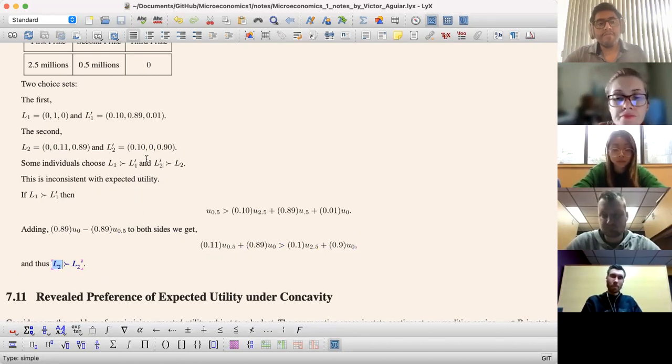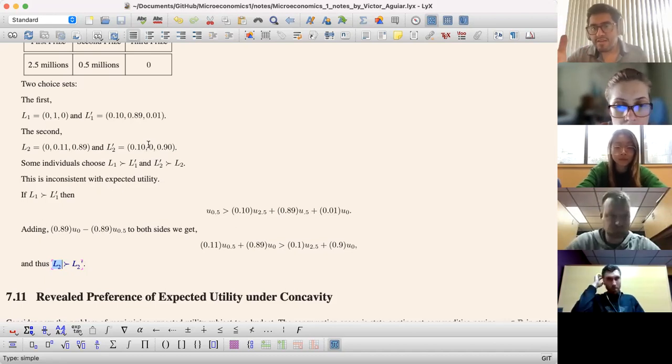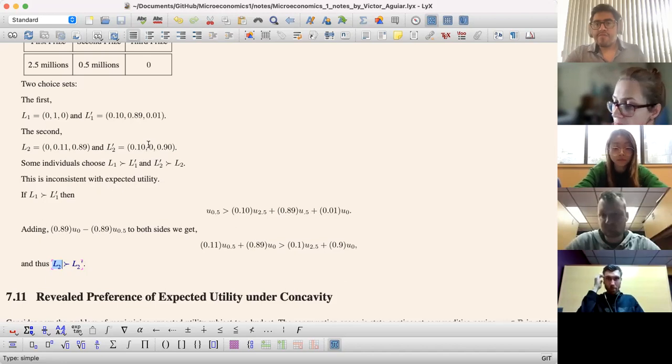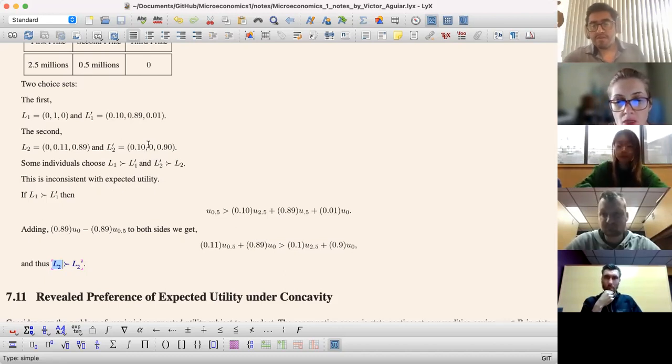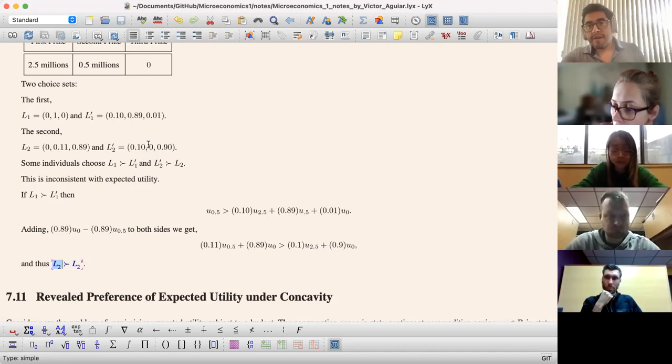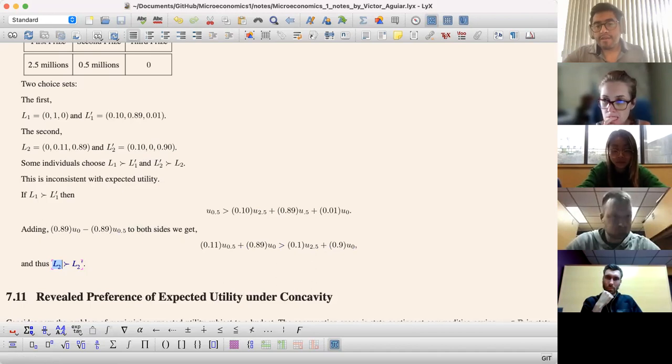L2 prime gives you 10% of the big prize, so in a way it's more salient; somehow people think it gives you a shot at the big prize. However, if you're using an expected utility evaluation and you already chose L1 over L1 prime, as a lot of you did, then you should have chosen L2 over L2 prime.